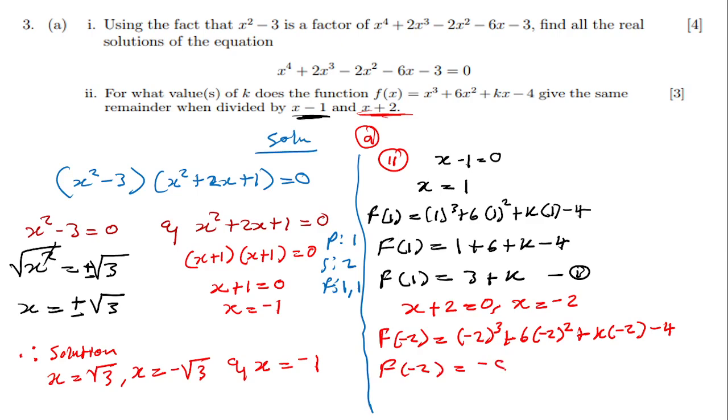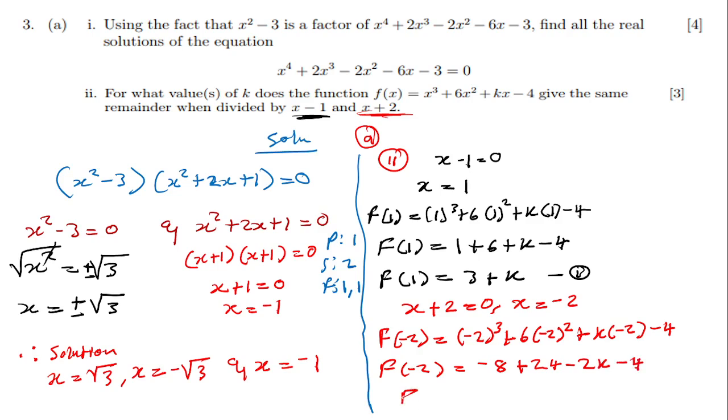Then plus, negative 2 squared is simply 4, and 4 times 6 is 24, and then negative 2 times k is negative 2k, and then minus 4.